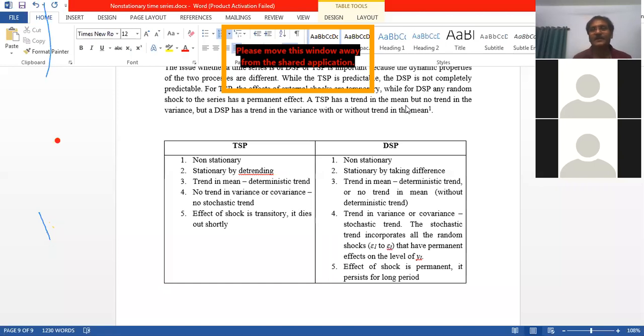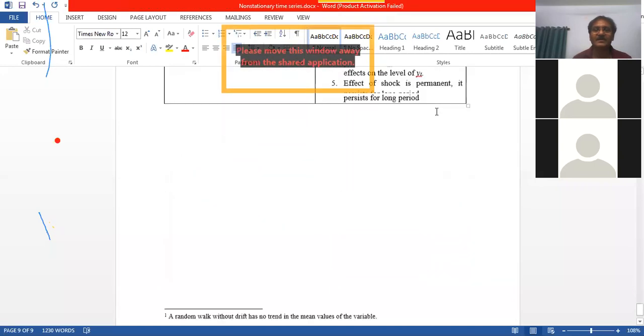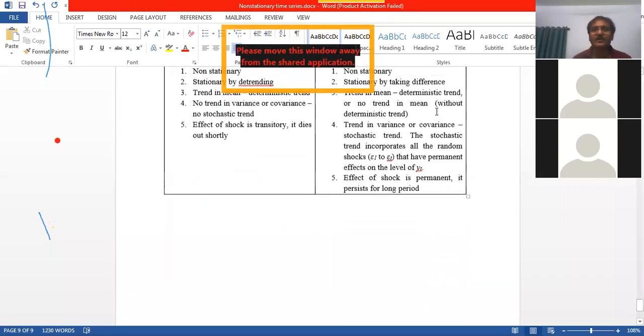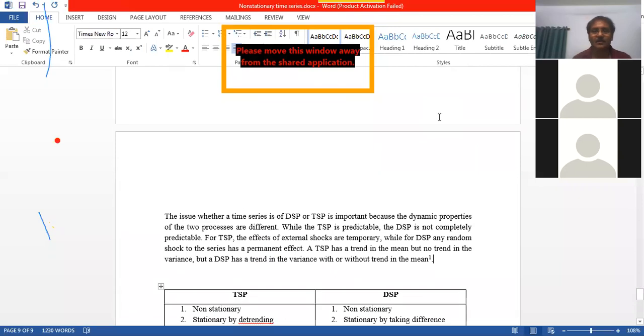In the case of non-stationarity with a unit root, the deviation will be permanent. So these are the basic concepts of non-stationarity, non-stationarity with unit root, and non-stationarity without unit root.